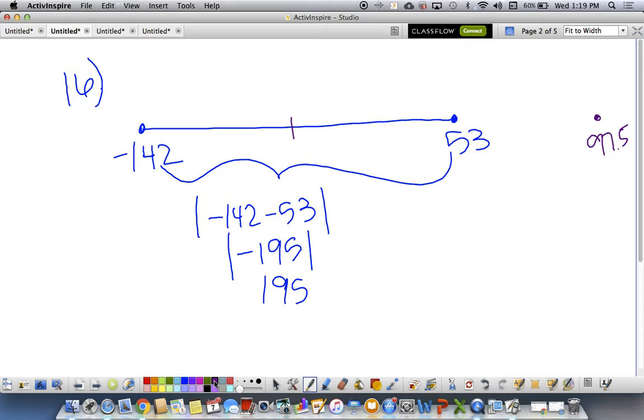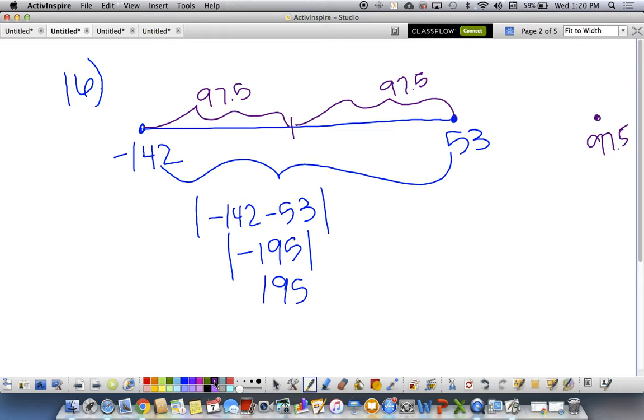So what else about a midpoint do you know, other than it cuts it in half? It cuts it into 2 congruent pieces. So do we know that this distance has to be 97.5? And this distance has to be 97.5. Yes? So you have a calculator. Put in negative 142 plus 97.5. Or, how about not or?